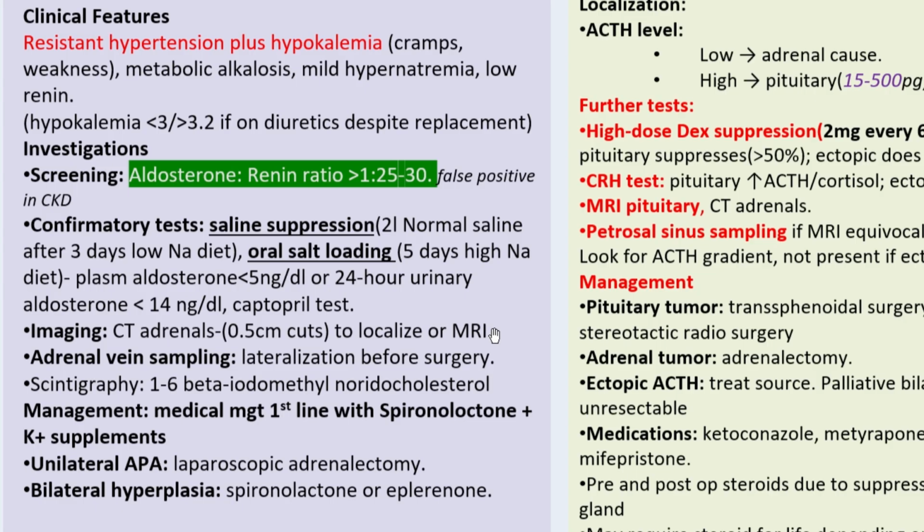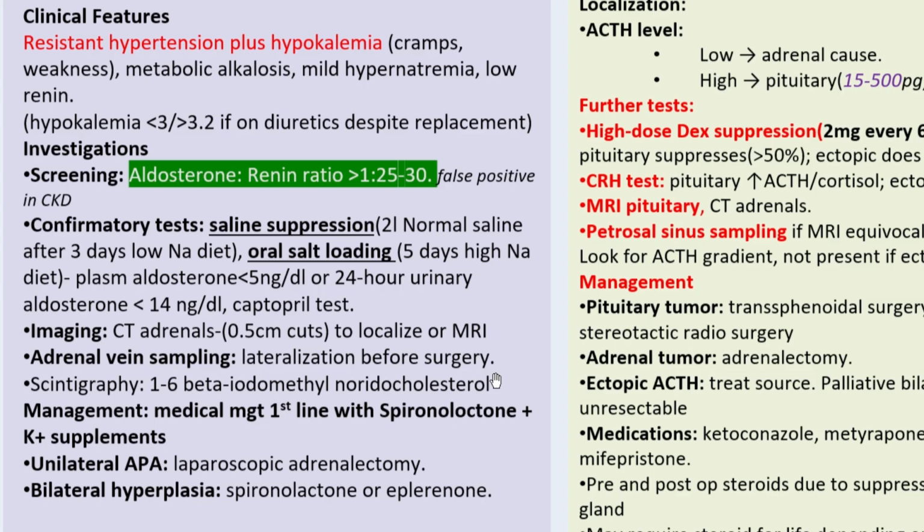Then we have adrenal vein sampling. Remember, the adrenals are drained by a single vein, though supplied by 3 arteries. We have an artery from the aorta, an artery from the phrenic artery, and an artery coming from the renal artery. So by cannulating the adrenal vein, you can measure the cortisol as well as the aldosterone coming from those veins.